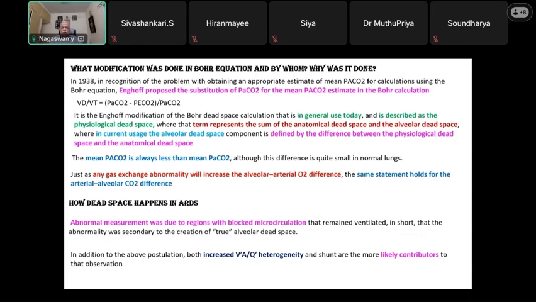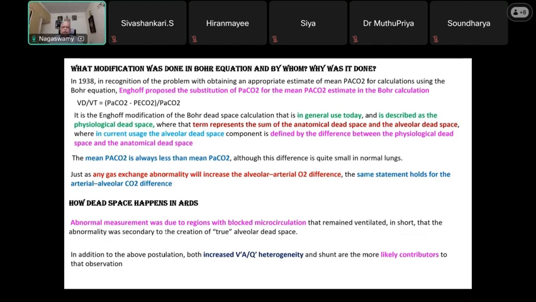So roughly, if an adult has 500 ml of tidal volume, how much will be the dead space gas? 150. Roughly about 150. Okay, so only 2/3 of the 500 ml, 350 ml, will take part in gas exchange, and 150 merely comes and goes.